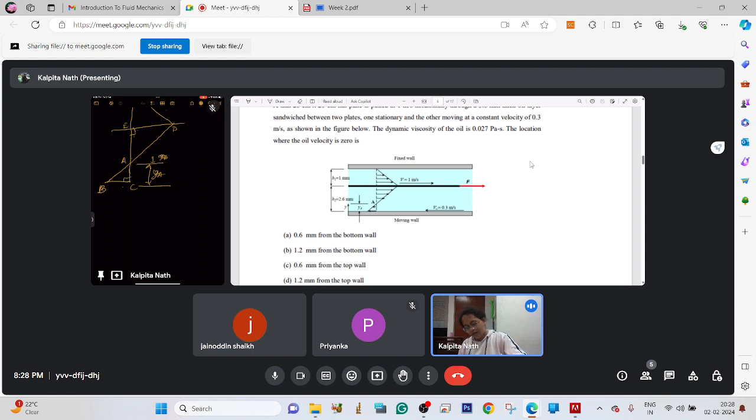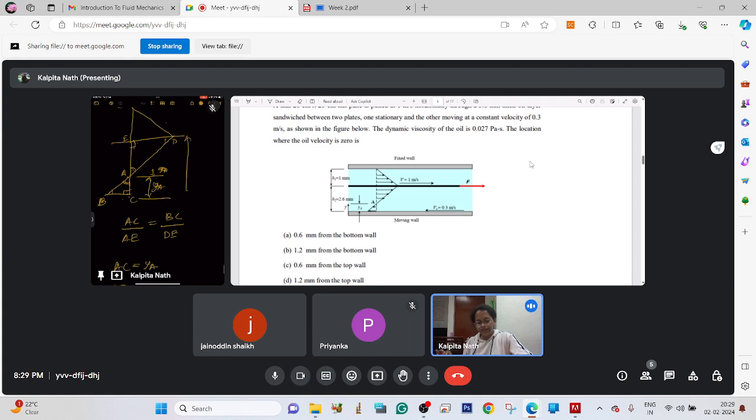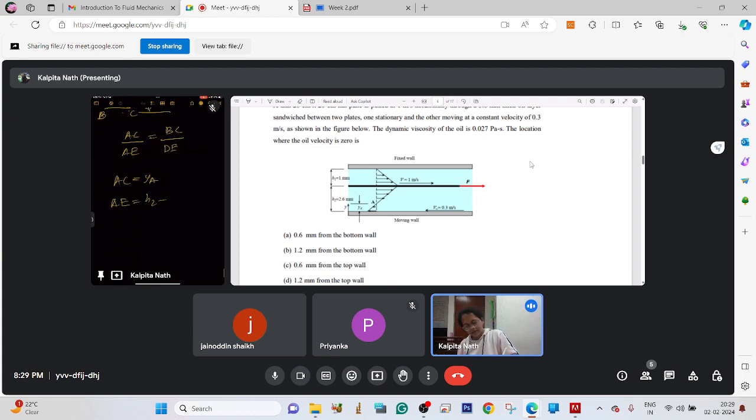Because both of these are 90 degree and this angle is equal, being opposite, so the remaining angle will also be equal. So by the similar triangles formula we can write AC over AE is equal to BC over DE, where AC is equal to ya, and AE is the whole distance h2 minus ya.